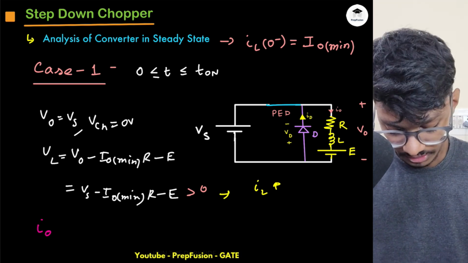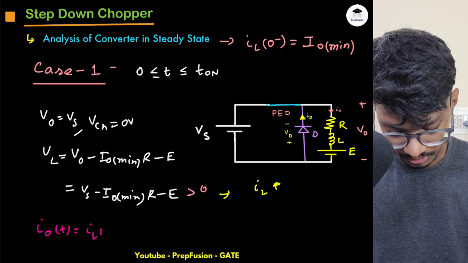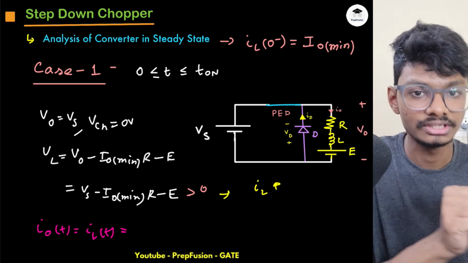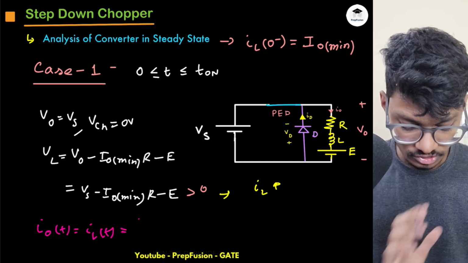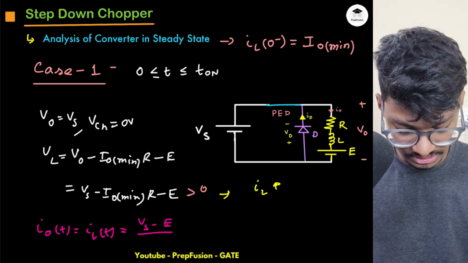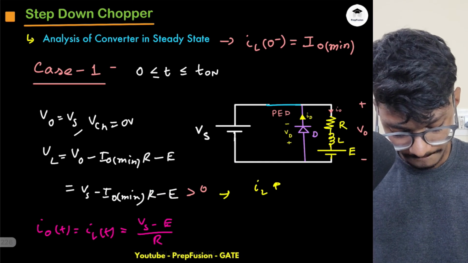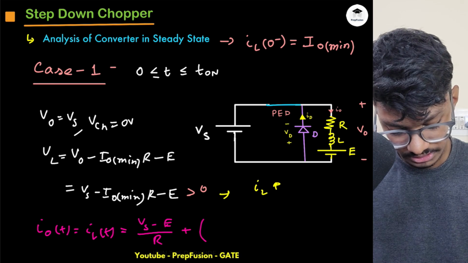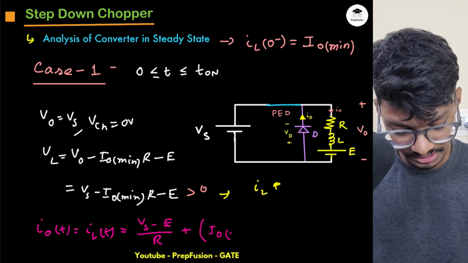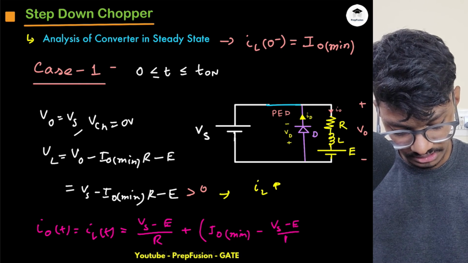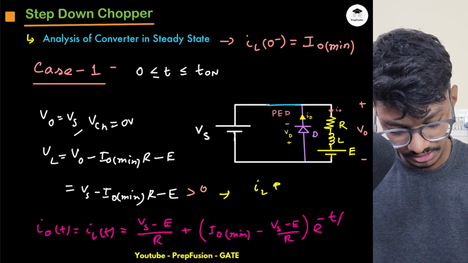So the equation of current, IO of t equals IL of t, at steady state where the inductor voltage would try to go to 0, will be Vs minus E by R, plus the initial current, IO minimum, minus Vs minus E by R, into e raised to power minus t upon tau.